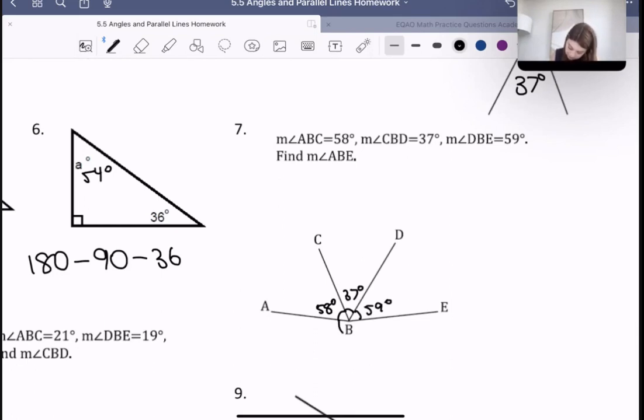So they want us to find this one. So this was actually something we didn't discuss yet today, but I want to remind everyone that the full angle that goes all the way around adds up to 360 degrees. So to find the answer here, we must do 360 degrees minus 58 degrees minus 37 degrees minus 59 degrees, and that'll get us the answer.